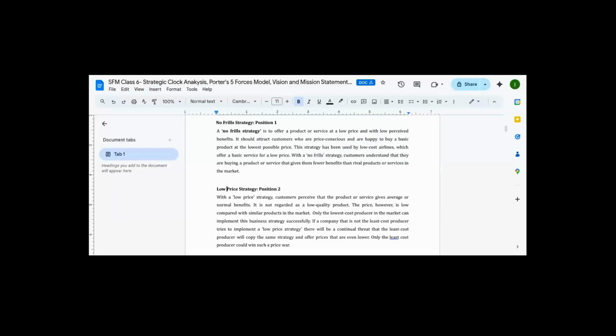We have to ensure that our operational costs, overhead expenses, waste management and everything are reduced. Because if we cannot produce at a lower cost, there is no way we can sell an average product at a low price.